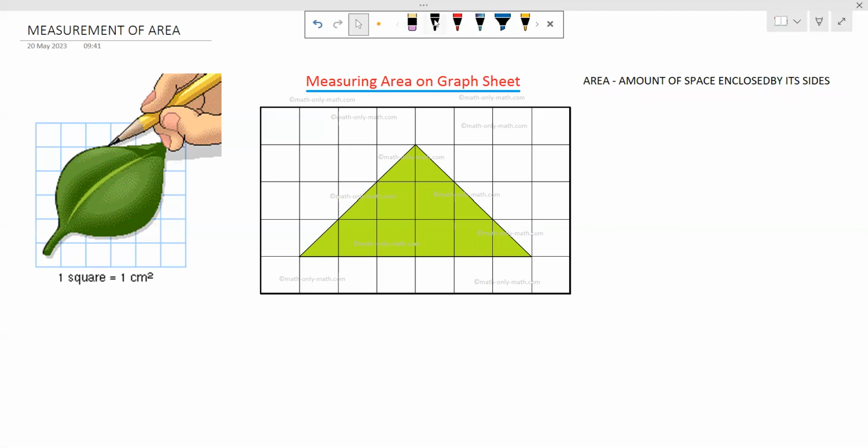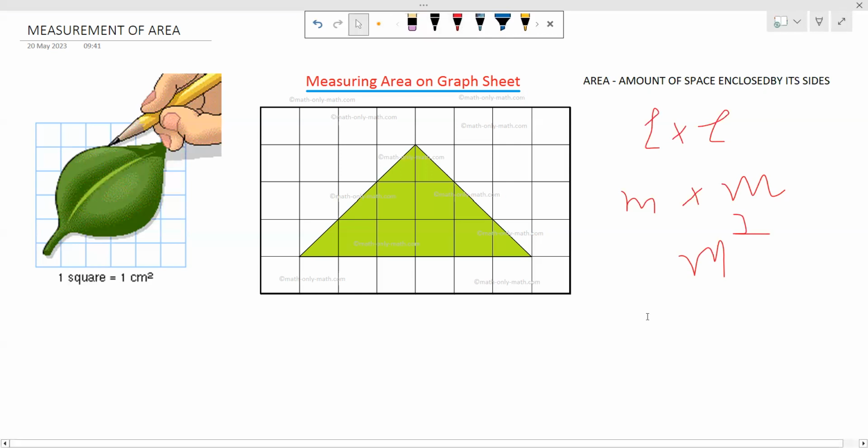What is the SI unit? Area means length into length. The SI unit of length is meter, so meter into meter is meter square. So we call the SI unit of area square meter.